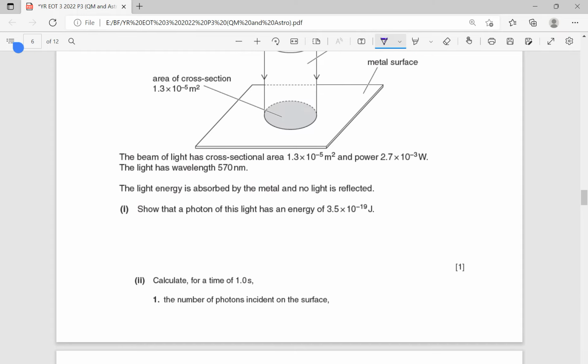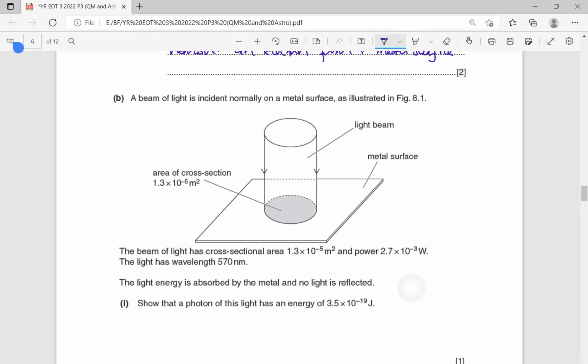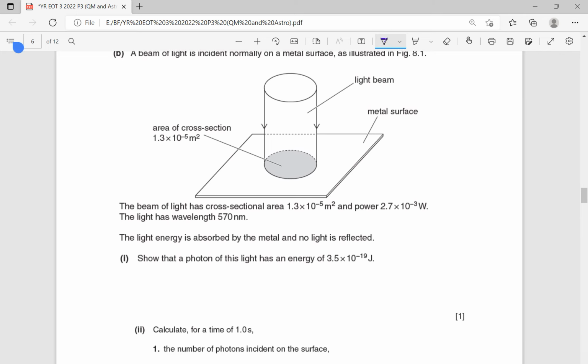Next, show that a photon of this light has an energy of 3.5 times 10 power negative 19 joules. So they have given us the area as this, the power as that, the wavelength as that. Energy of a photon is equal to hc over wavelength, which will be 6.63 times 10 power negative 34 for Planck's constant, times 3 times 10 power 8 for the speed of light, divided by the wavelength, which is 570 nanometers, that is times 10 power negative 9 meters.